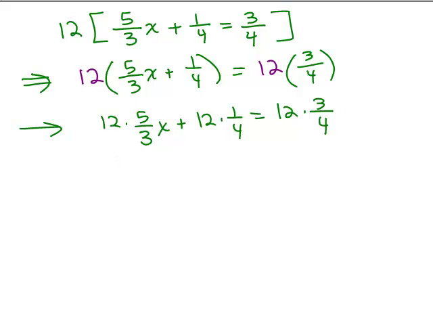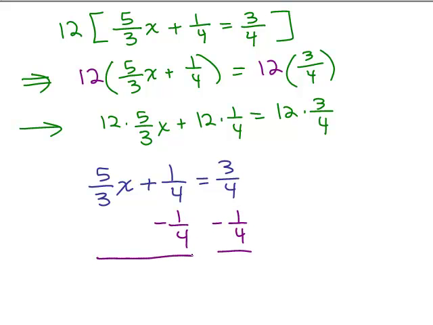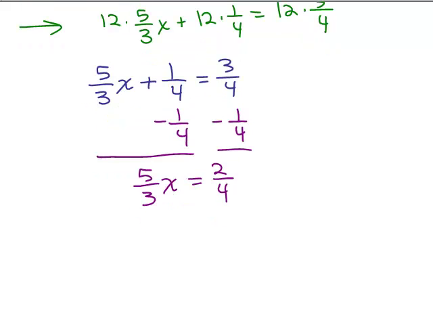All right, so what's another way you could also solve this? By not clearing all the fractions first. You could do the traditional method of solving, which would be to just isolate the variables. So don't worry about the fractions and subtract 1/4 from both sides to begin with. So I have 5/3 x equals 2/4. Since I have a common denominator, I can just subtract 3 minus 1 to get the 2. And of course that does reduce, but we could do that later.